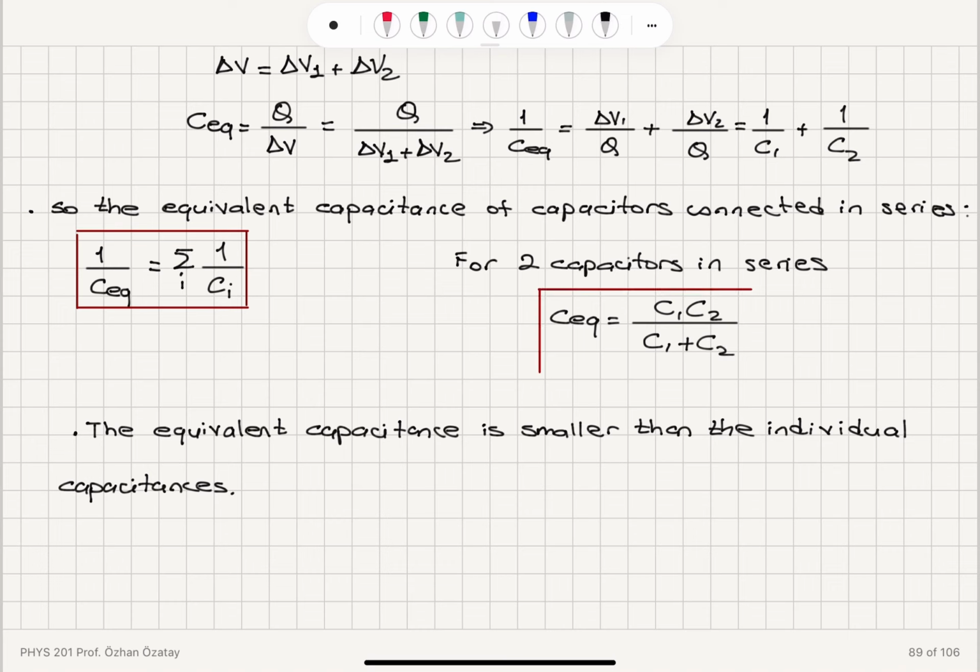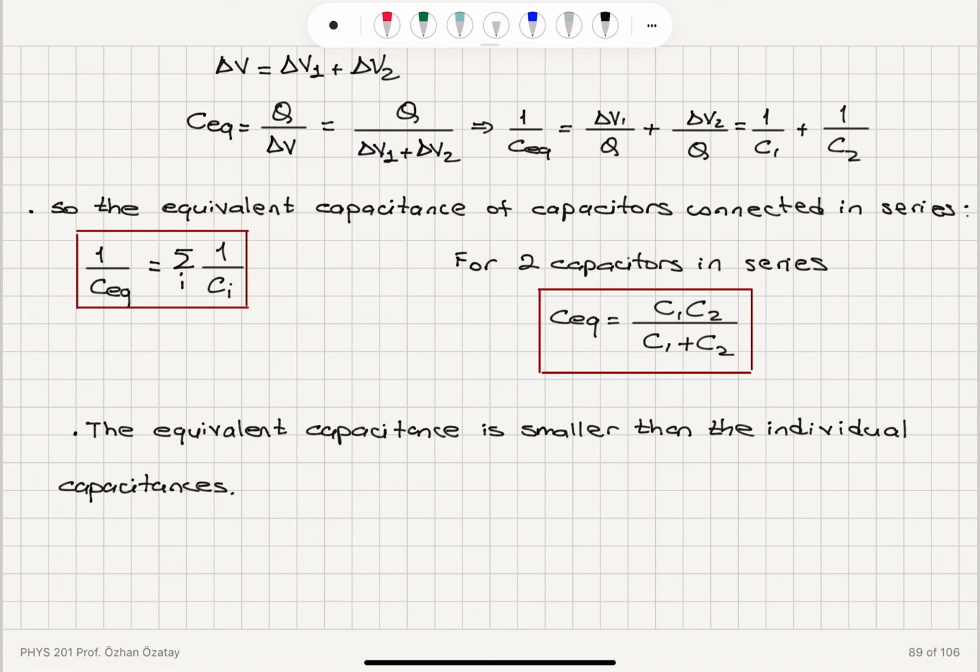So this is how I calculate the equivalent capacitance for two capacitors connected in series. Now, as you can see, for example, if the two capacitances are the same, C squared over 2C, the equivalent capacitance would be C over 2.